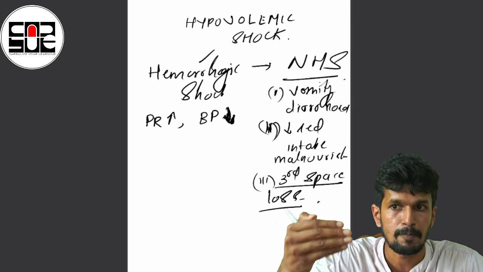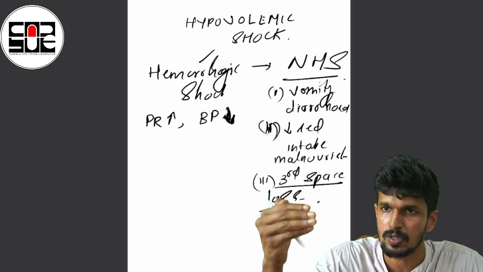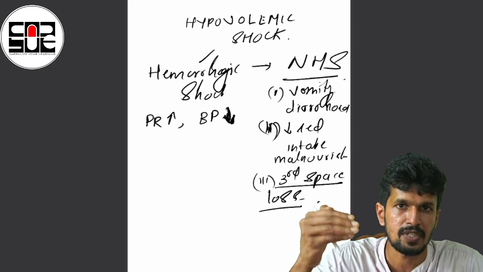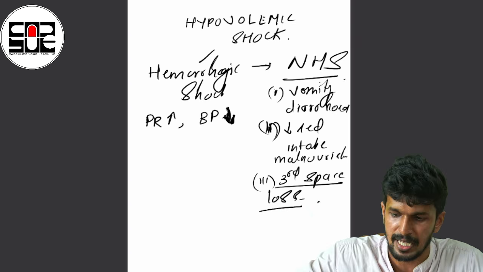Also, there's pancreatitis. In a case of severe acute pancreatitis, the patient presents initially, a young patient with a history of binge alcohol intake, with epigastric pain.